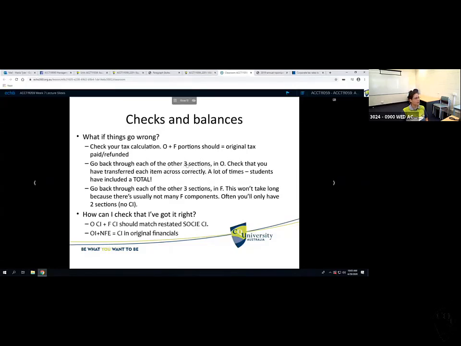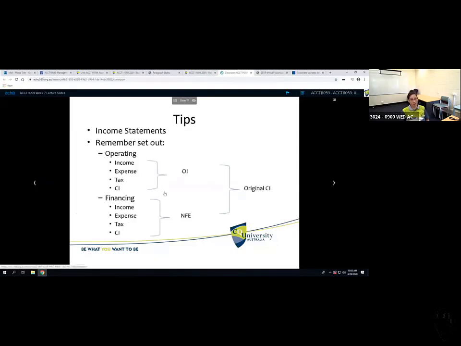Now these 3 sections, what are they, you might ask? In the step-by-step video, I explain the sections. So here it is, this is the set out. What we're doing with restating the income statement is, under O, we've got 4 sections, and under F, we've got 4 sections, and they're exactly the same. So we are just splitting our original income statement into these 2 sections, O and F, like we're doing with every other statement.